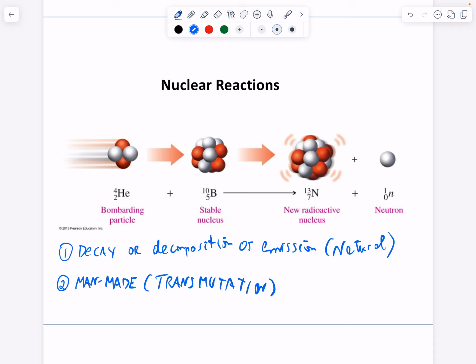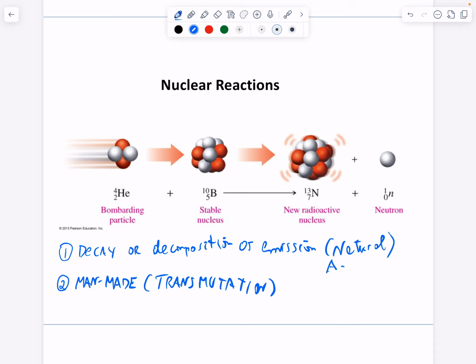Okay, how do you recognize both? This one is just a natural decomposition, meaning you have an element and naturally the element decomposes into something else plus any of those particles. I cannot write outside of this, so let me write here.